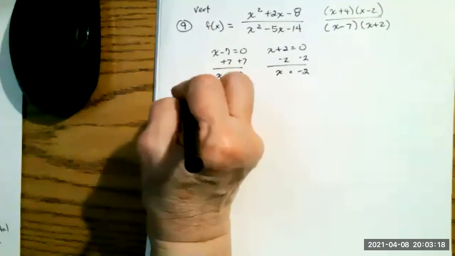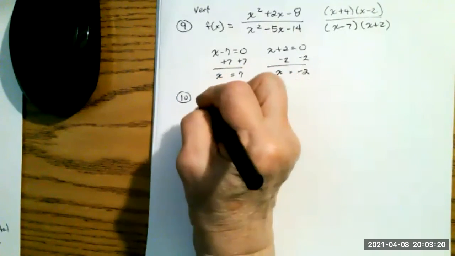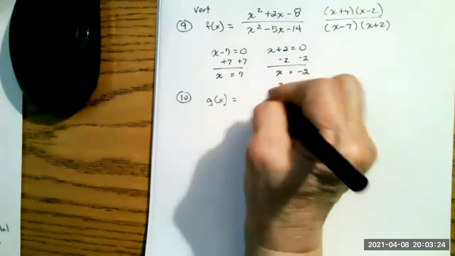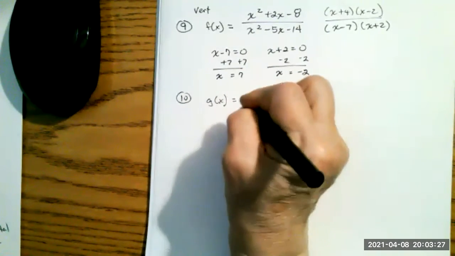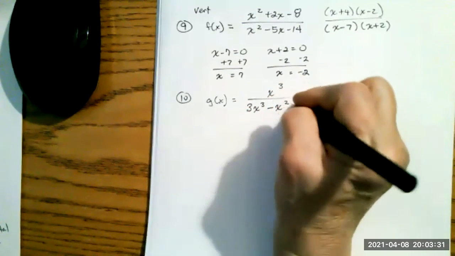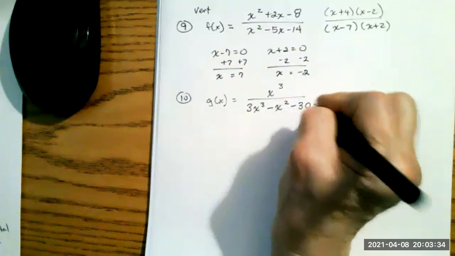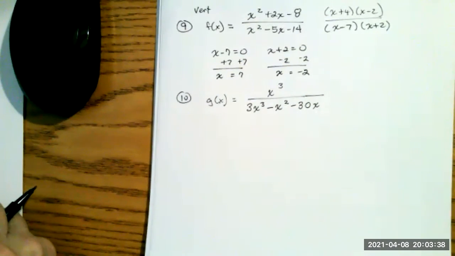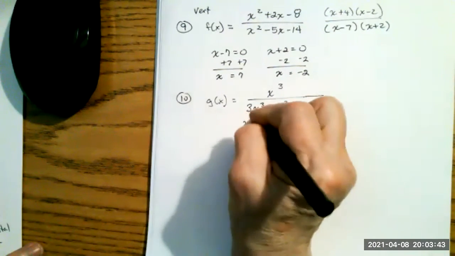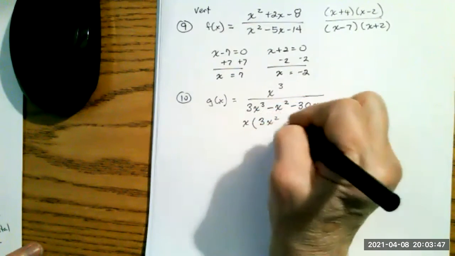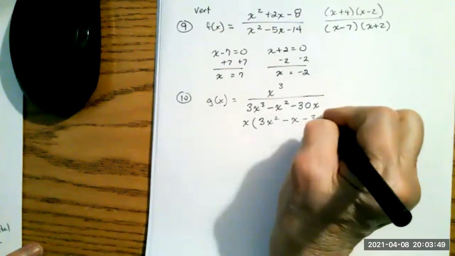Number 10. Number 10 says g of x equals x cubed over 3x cubed minus x squared minus 30x. Okay. Looks like there is going to be one we can factor out on this one, because in this denominator you can take out an x, and you'll have a 3x squared minus x minus 30.